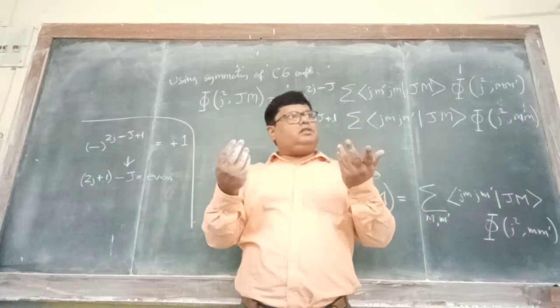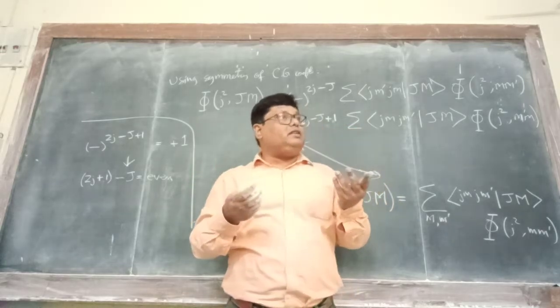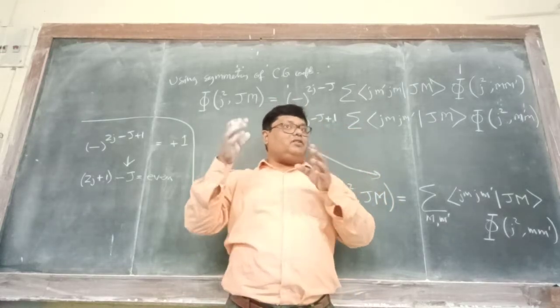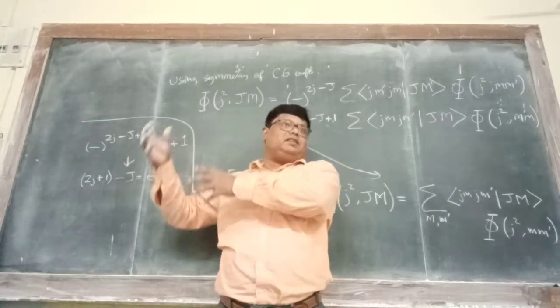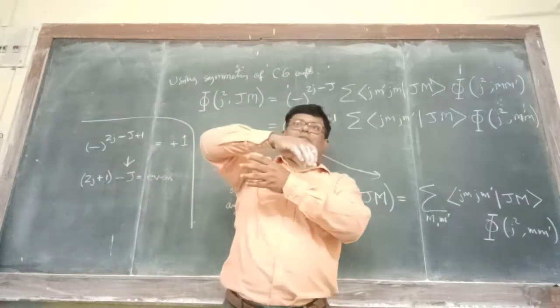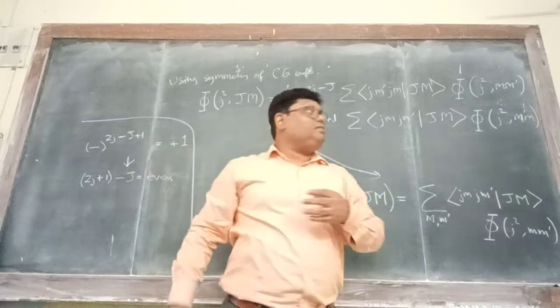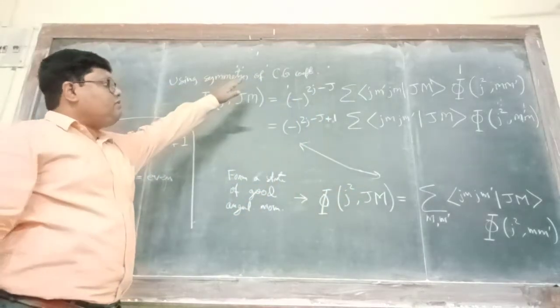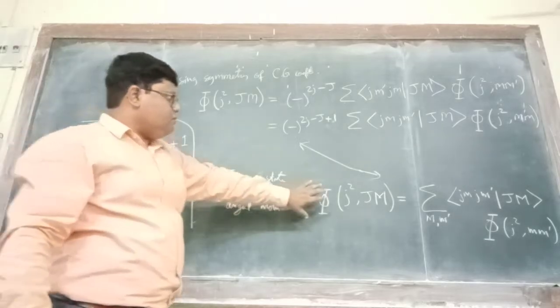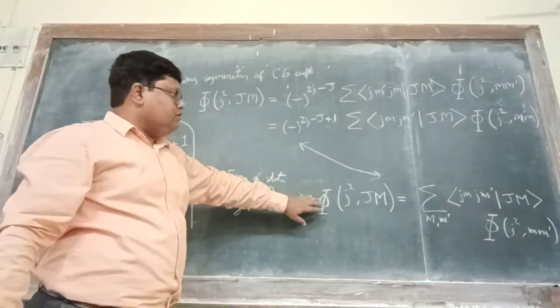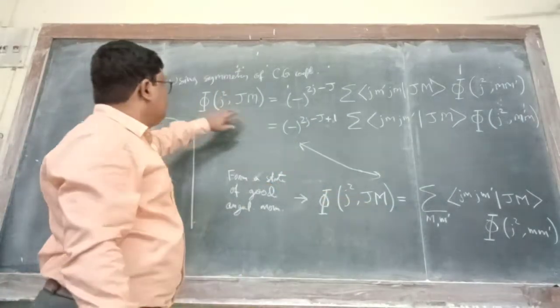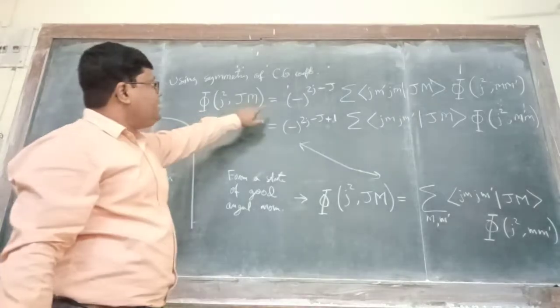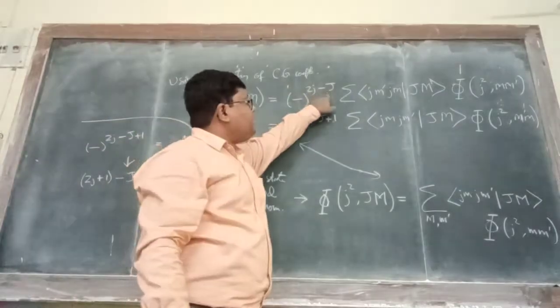We have been doing this for a long time, for example in integration by parts, where some integral is left over, then it comes back and we get a result. So if you use the symmetry property of the Clebsch-Gordan coefficient, this is my total wave function with good angular momentum, and I can write it as minus 2j minus j.